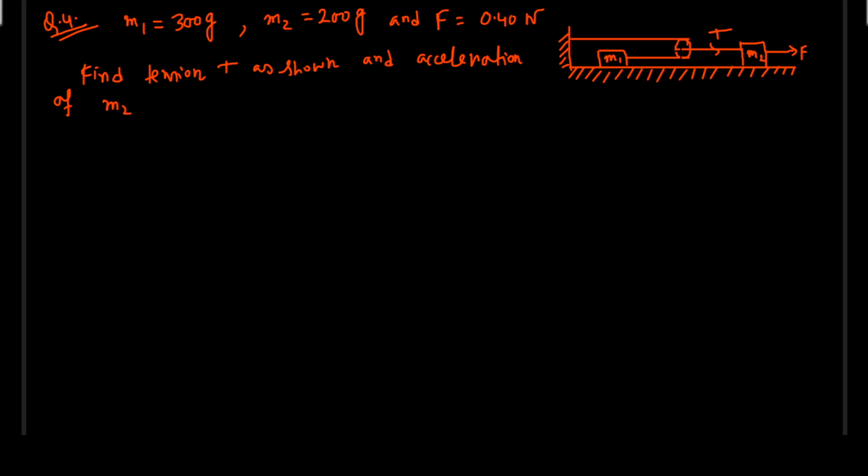So what will be the tension? The tension on the pulley will be T along this direction, you can see, and along this direction it will also be T. So the tensional force on this string will be 2T.